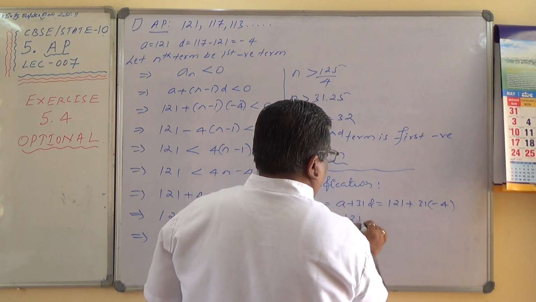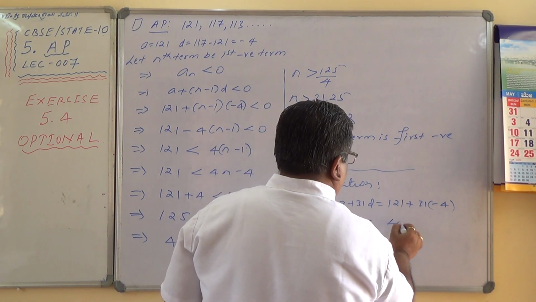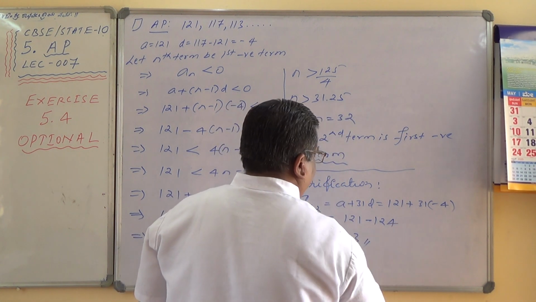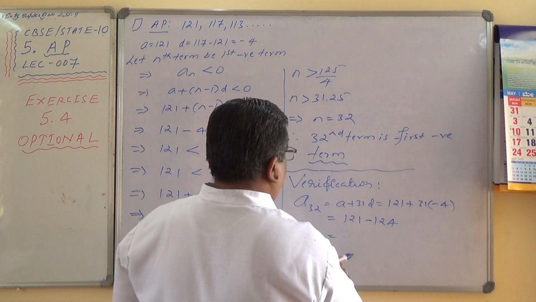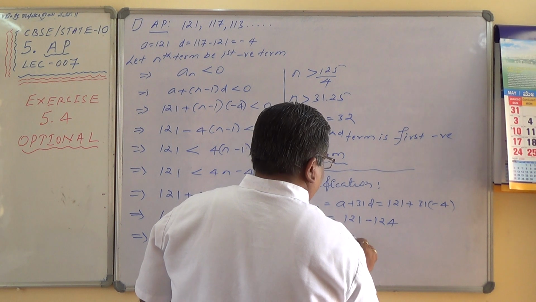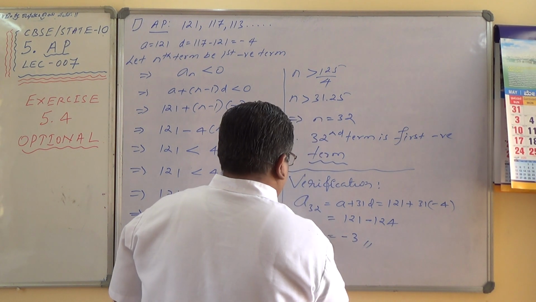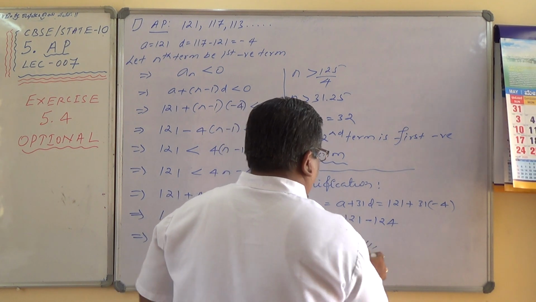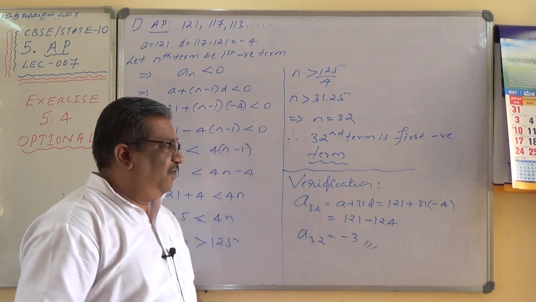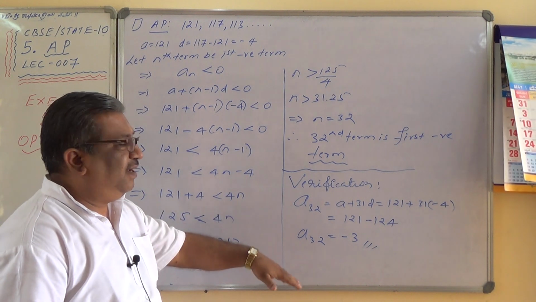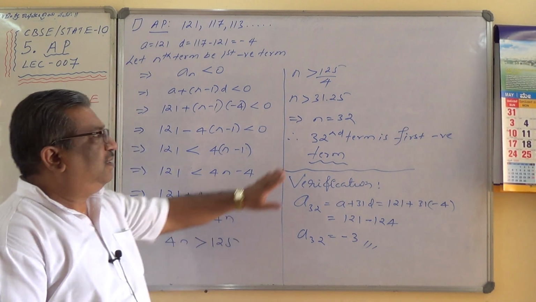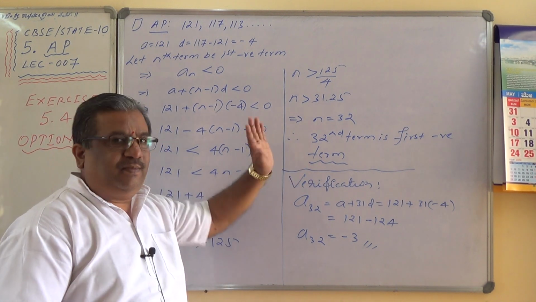So 121 minus 124, which is minus 3, correct. So we are getting minus 3 as the first negative term here. If you check A31, it will not be negative. You yourself can check it. So the 32nd term is the first negative term. Note it down.